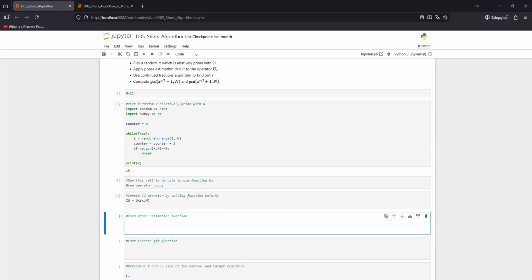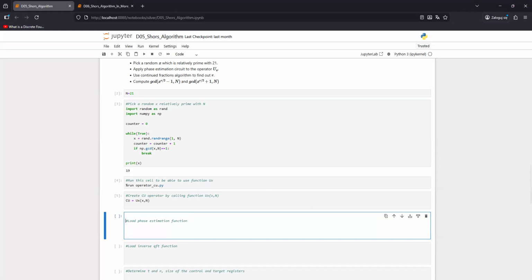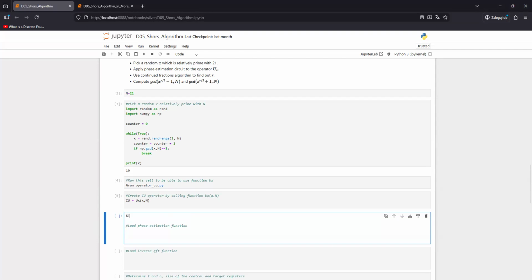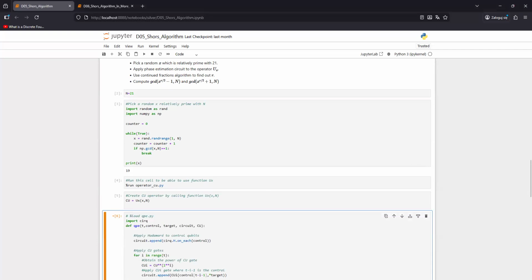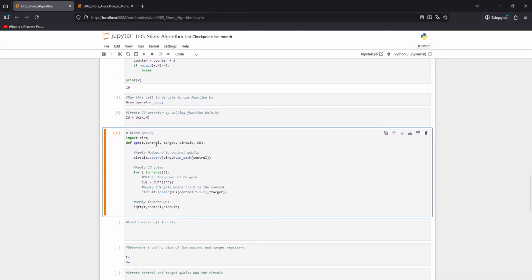Here we should load the QPE. I believe it should work if I do something like this: load QPE pi. Okay, we loaded this. So this is the formula for quantum phase estimation. I believe we also need to load the inverse quantum Fourier transform because we have the IQFT here.